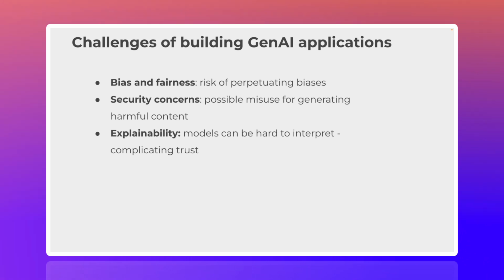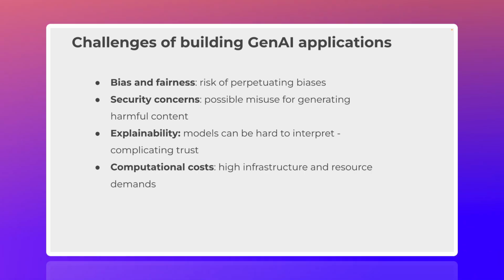So that is one of the challenges of building GenAI applications: it's very complicated to have people trusting, especially when the models are not able to show or explain how they got to a certain answer or response.